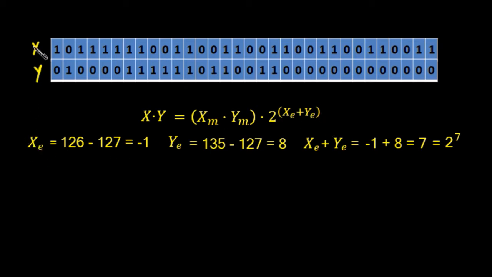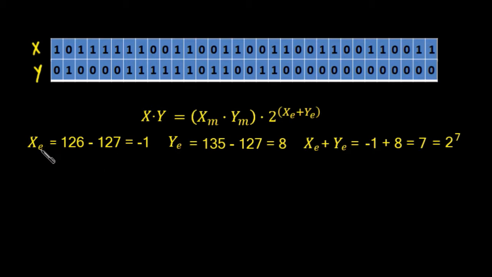So the exponent for the x, that is xe. Well, this number here, the first one is going to be the sign, and the next 8 are going to be the exponent. So if you look at this 0, 1, 1, 1, 1, 1, 1, 0, and you change it into the decimal value, you get the decimal value 126. Of course, we're going to have to take away the bias, which is minus 127.